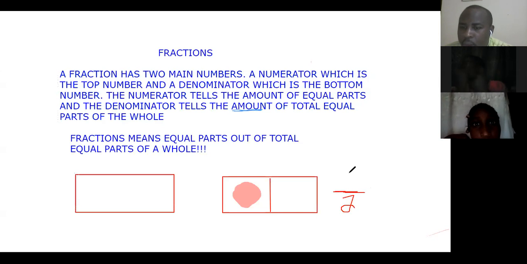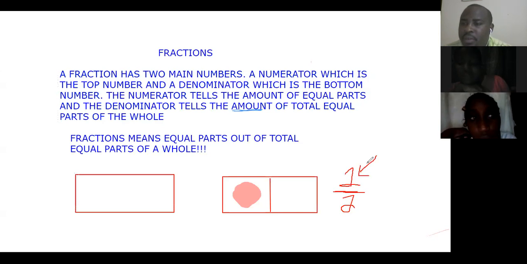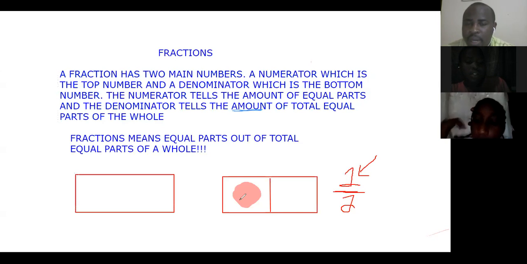All right, now I'm going to put a 1 at the top here. Now, there's my 1, and that is a 2. What this 1 is telling me is the amount of equal parts I have given to somebody, for example. Are you guys clear so far?